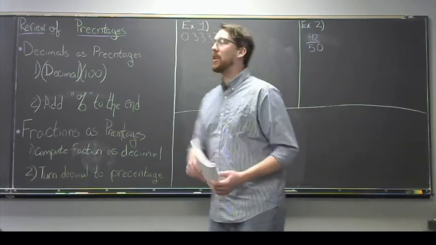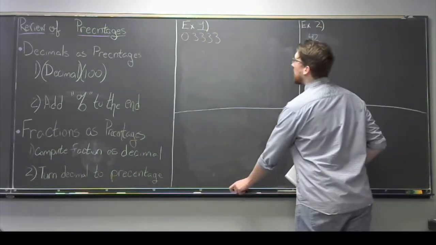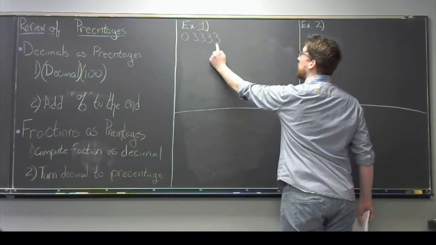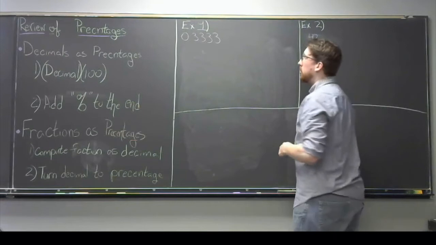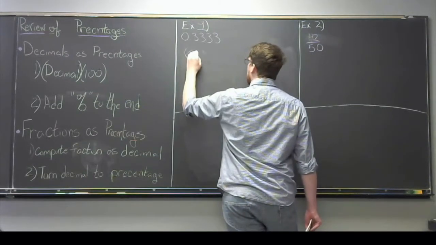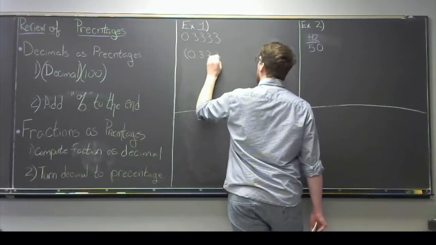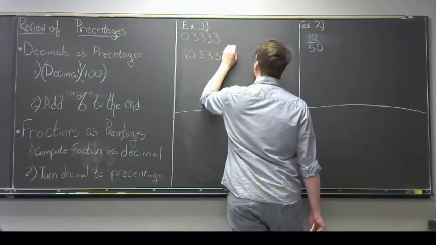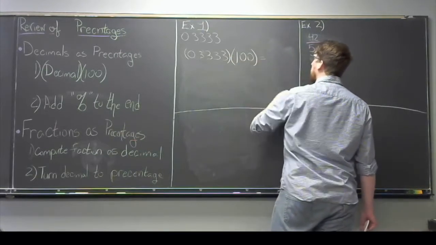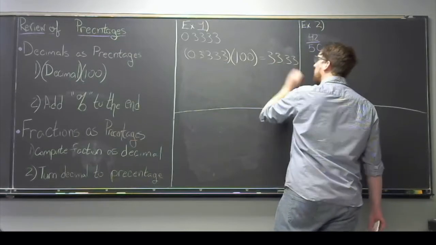So, let's look at two different examples. We start with the decimal 0.3333. We want to turn that into a percentage. So we're going to multiply 0.3333 by 100. This is going to be equal to 33.33.